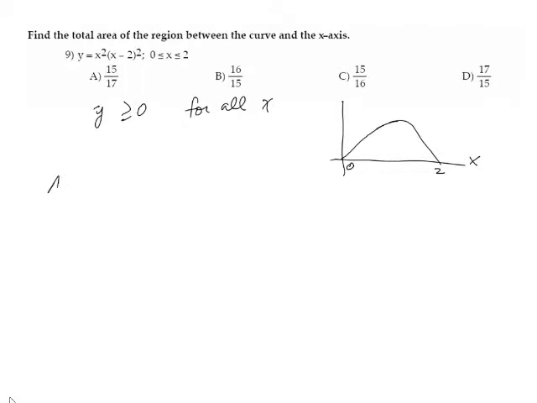So the area would be equal to the integral from 0 to 2 of x squared times x squared minus 4x plus 4. We're just simply expanding this term.